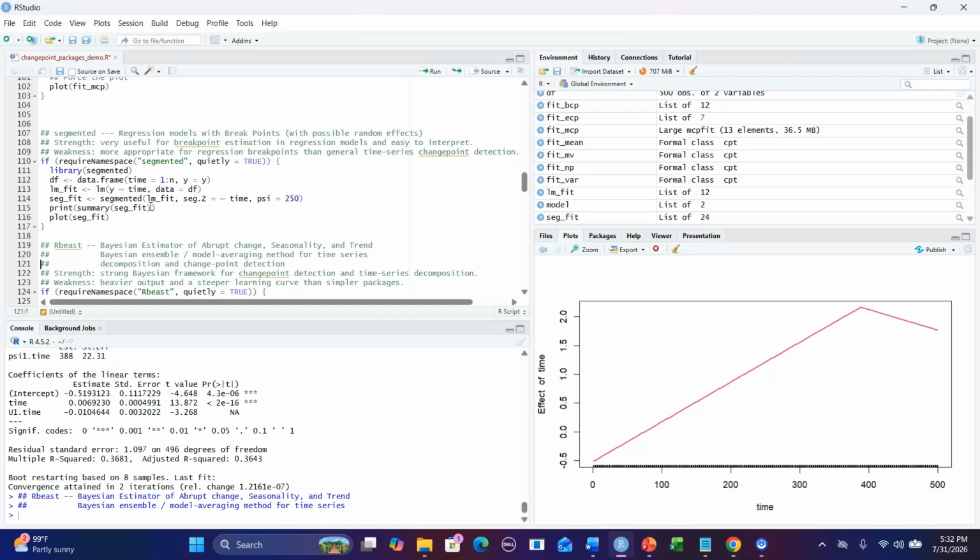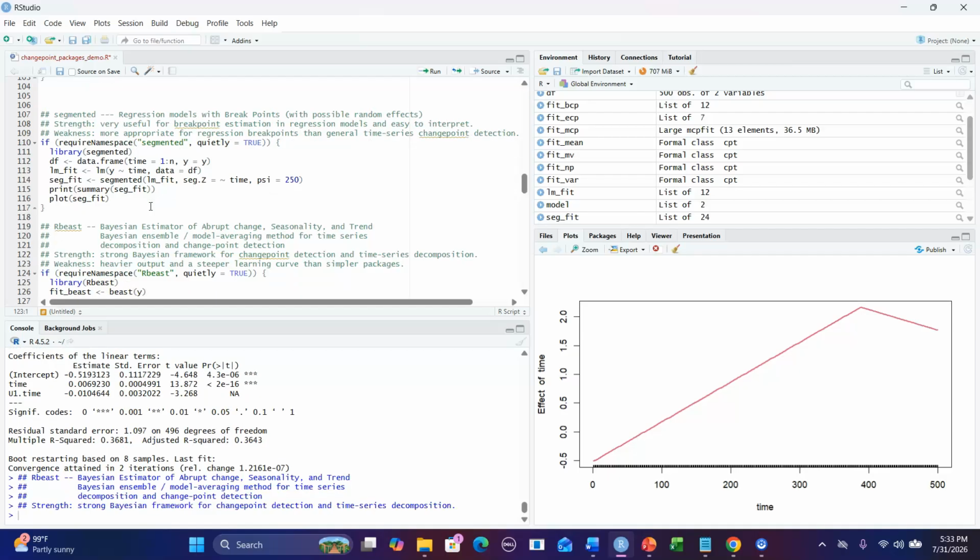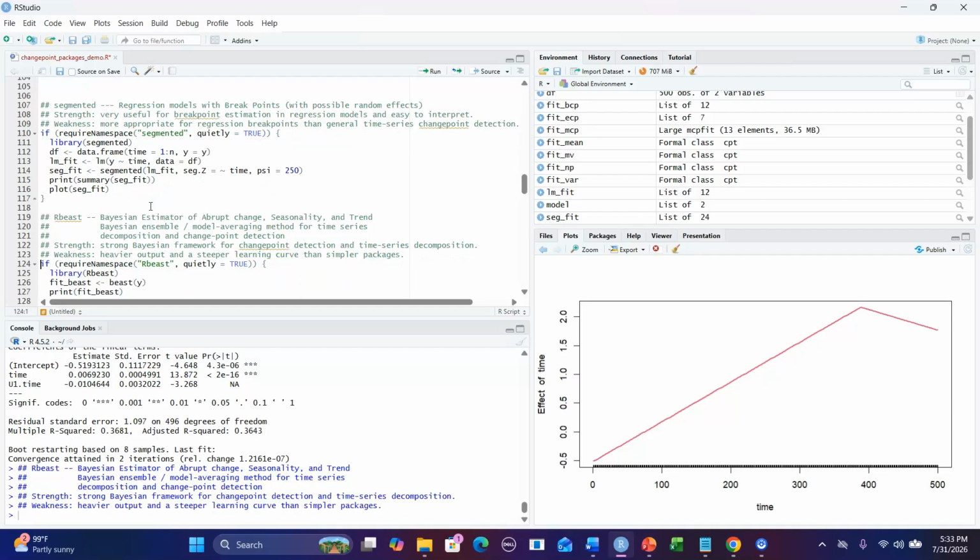Those are not the structural change points we're detecting, but this one handles all the change points. The strength is a strong Bayesian framework for change point detection and time series decomposition done at the same time. Weakness: heavier output and a steeper learning curve than simpler packages.